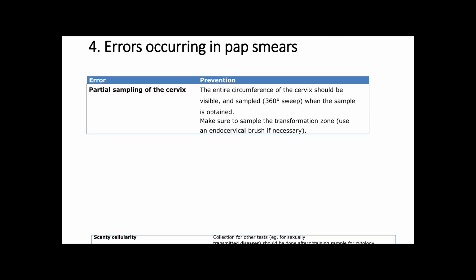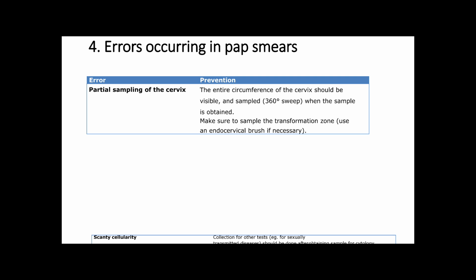Next one is errors that occur in pap smear. Normally, in gynecological cytology, we use pap smears. Several errors in smear taking and preparation, or the sample itself, can cause a smear to be unsatisfactory or inadequate.